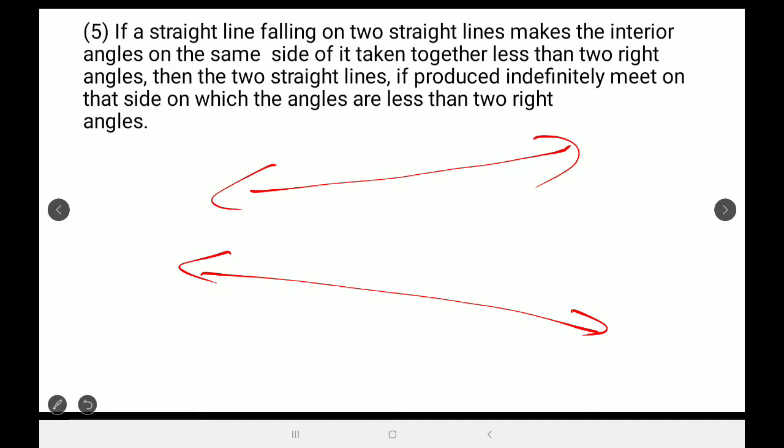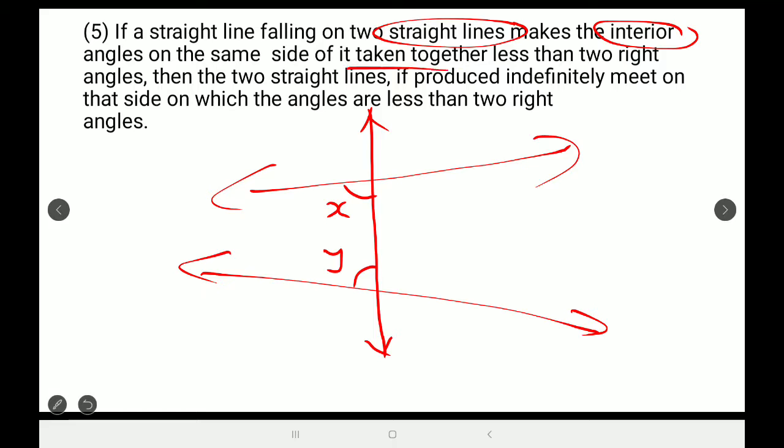Now if one straight line falls on these two lines, it makes interior angles on the same side. Let's take this angle as x and this angle as y. Now if these two angles taken together are less than two right angles: one right angle means 90 degrees, so two right angles means 90 plus 90, 180 degrees.